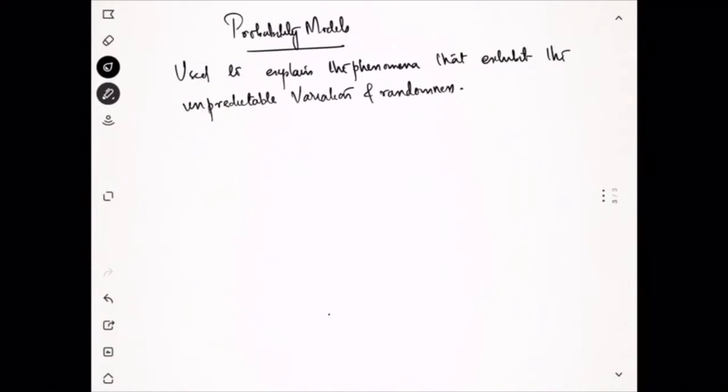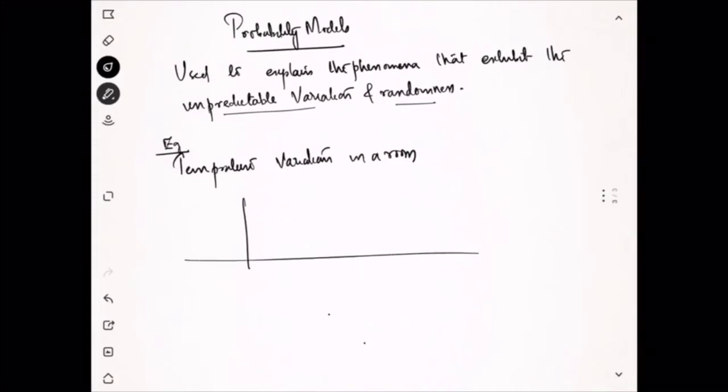For example, what do you mean by this randomness, unpredictable variations? Let us consider the temperature variations in a room. Let us assume that on the x-axis we take the time, for example 10 a.m., 11 a.m., 12 p.m., 1 p.m., 2 p.m., and so on.